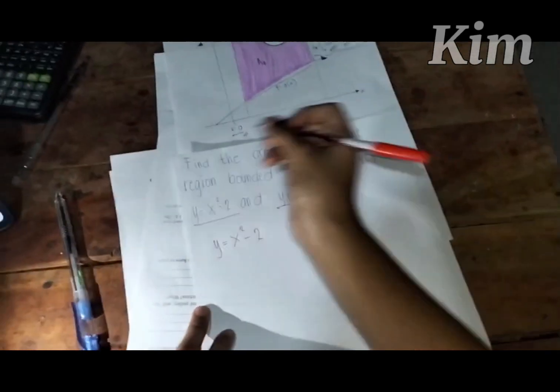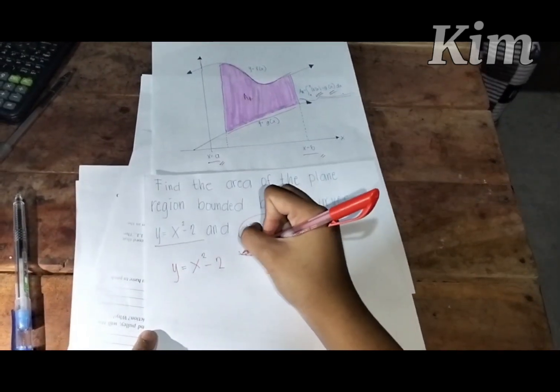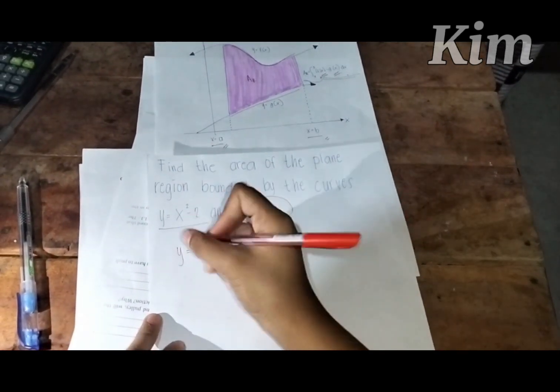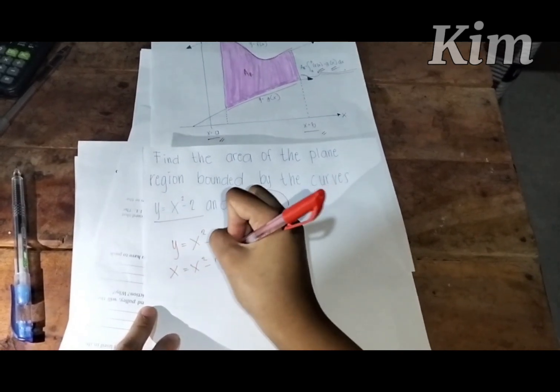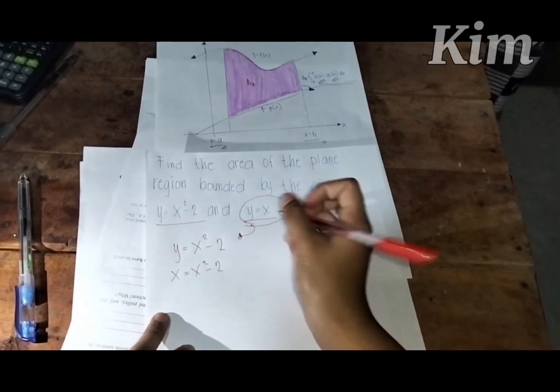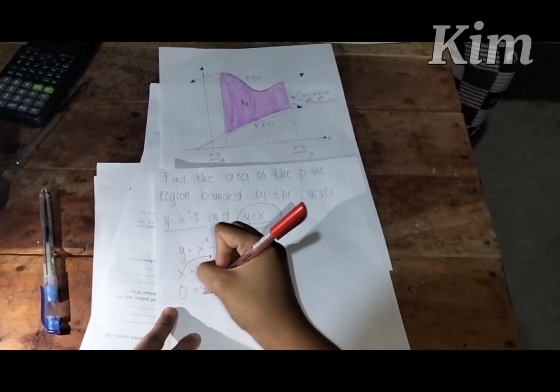Since y is equal to x, we can input it into the first equation. So we have x is equal to x squared minus 2.